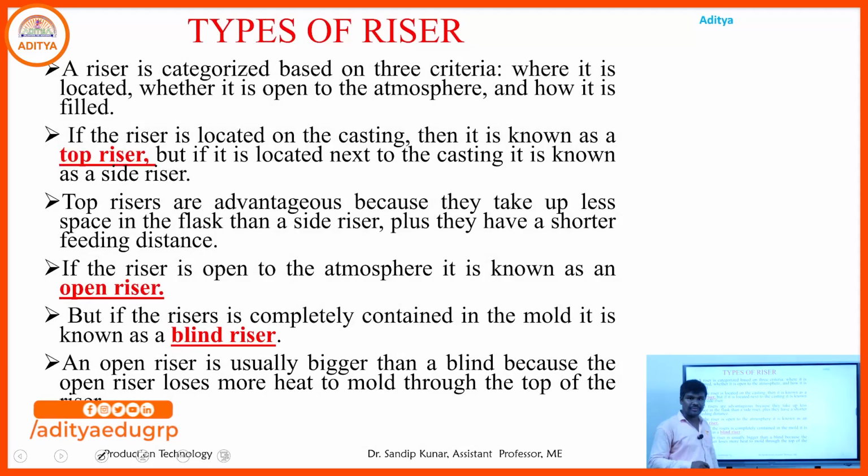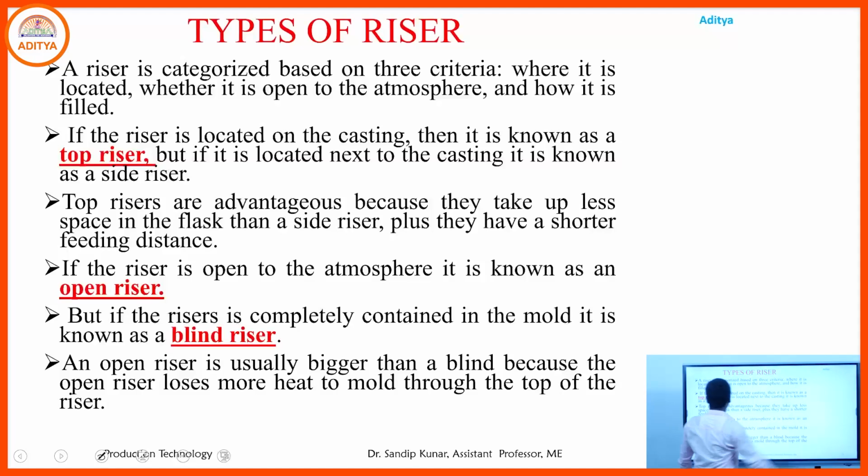What are the types of risers? Risers are categorized based on three criteria: where the riser is located, whether it is open to the atmosphere, and how it is filled or closed.